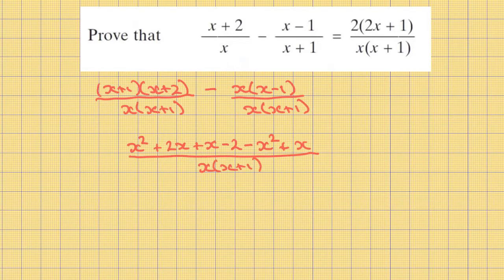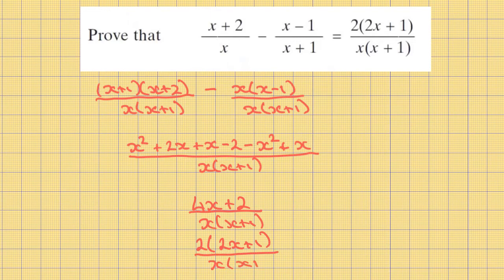Tidy up the top, I get 4x plus 2 all over x times x plus 1. Factor out the 2 on the top, I get 2 lots of 2x plus 1 all over x times x plus 1. Therefore, the left-hand side equals the right-hand side. Proof.